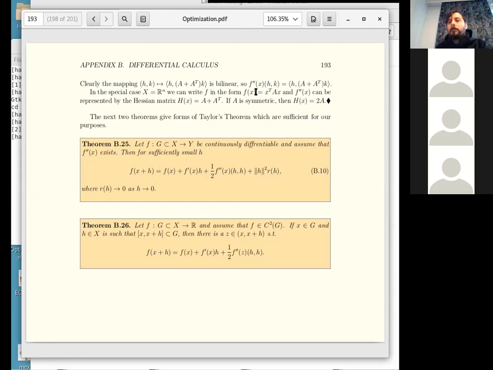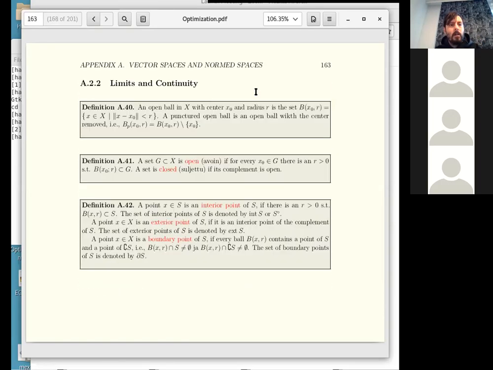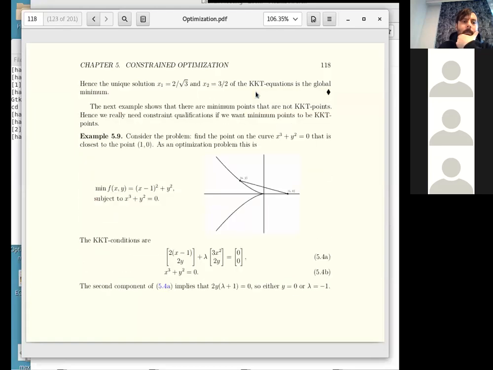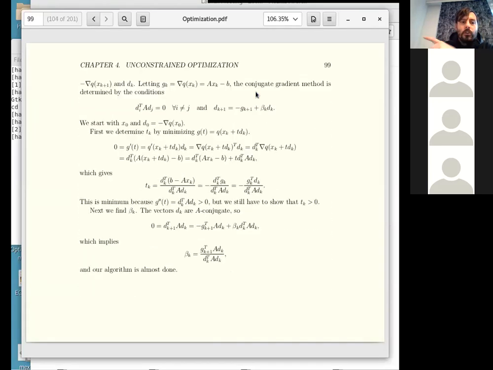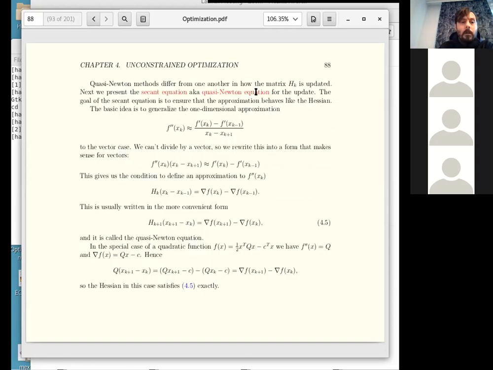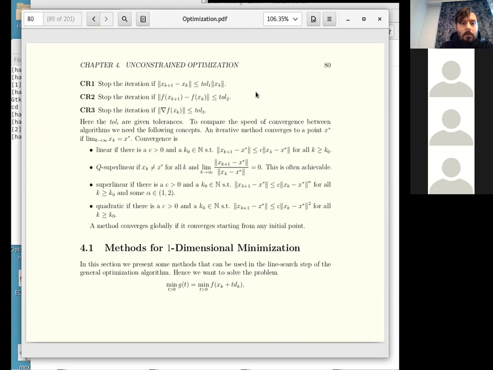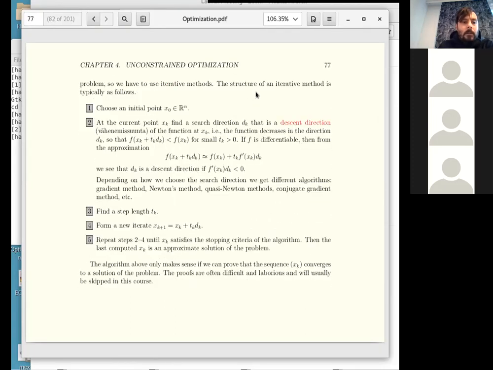Okay, now we're ready to go back to the material at hand. So we're going to be talking about the optimization of the step length.